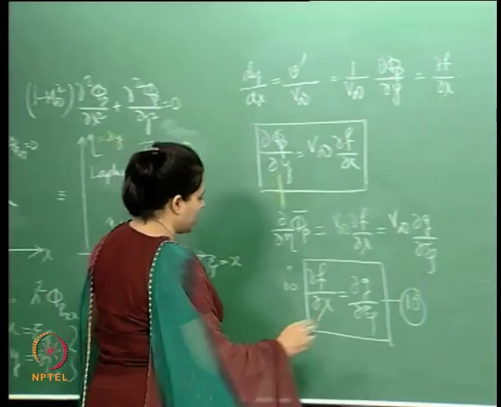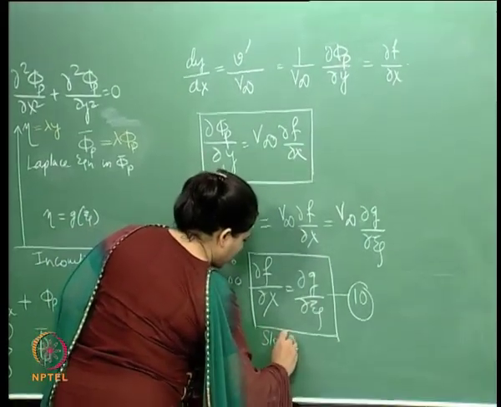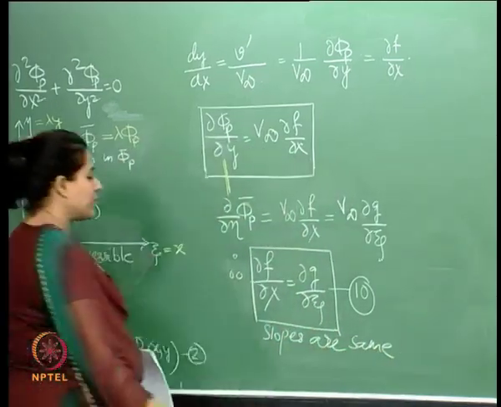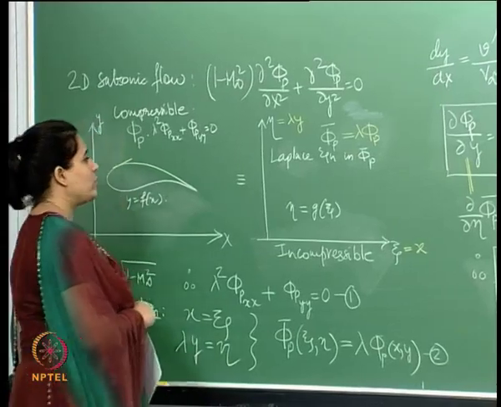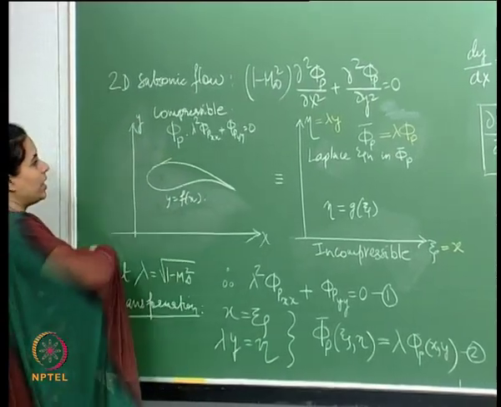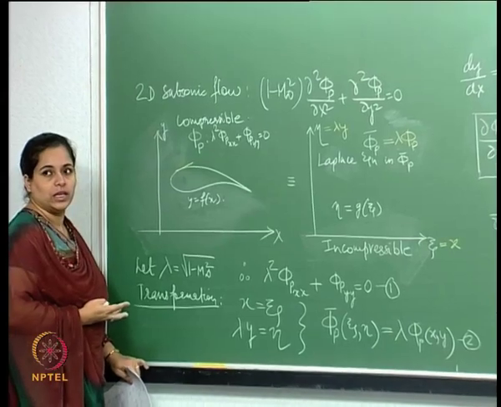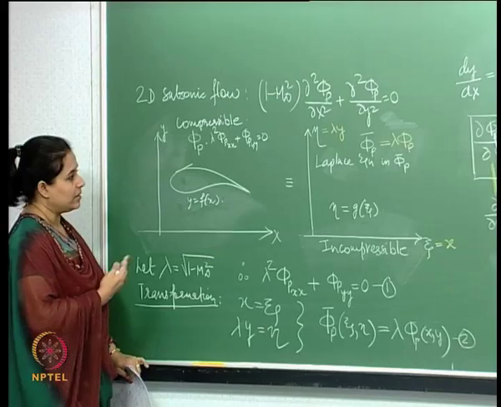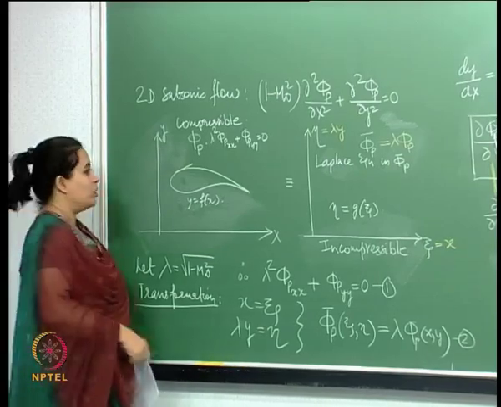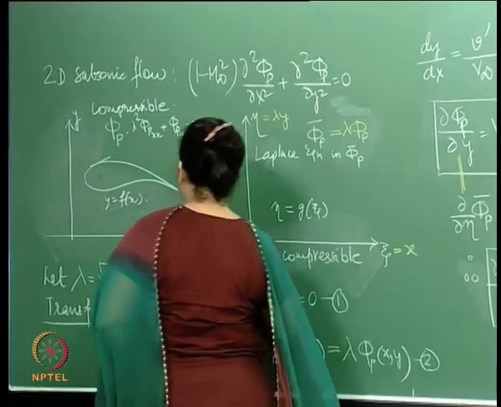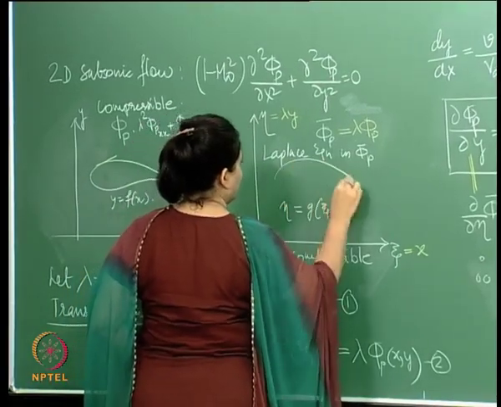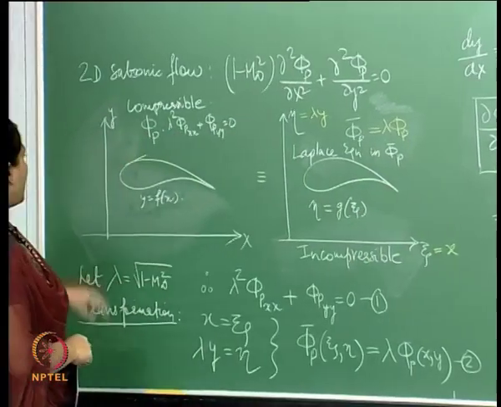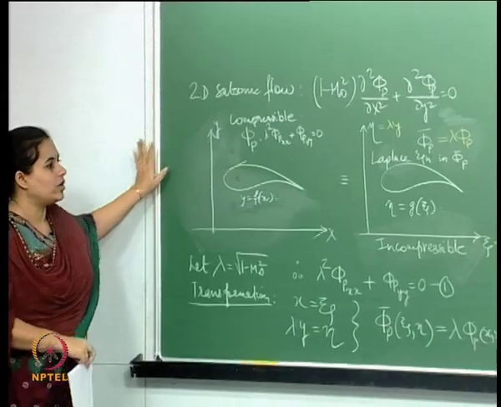The slopes are the same, which means the slope of the body in the xy coordinate system is exactly the same as that in the transformed coordinates. What does this tell us? That the shape of the body doesn't change, which means that here too I have exactly the same shape as we had in the xy coordinate system.